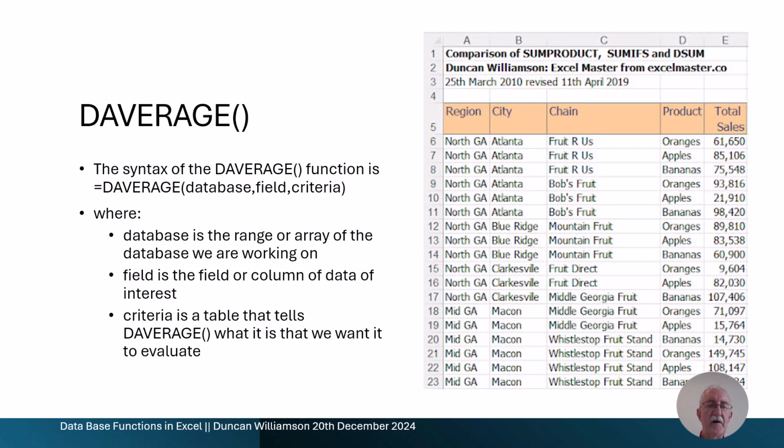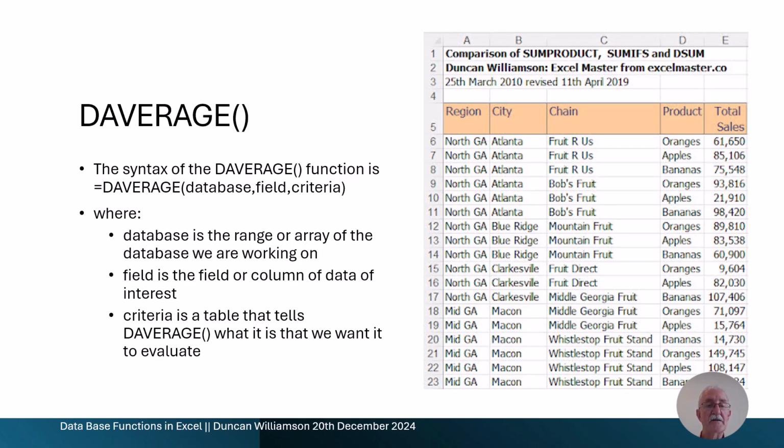The field is the field or column of data of interest. In this case, that's total sales. So the column header is total sales. That cell reference for the header is E5, and it's in column 5. So we might use column 5, as you'll see, for the field name.